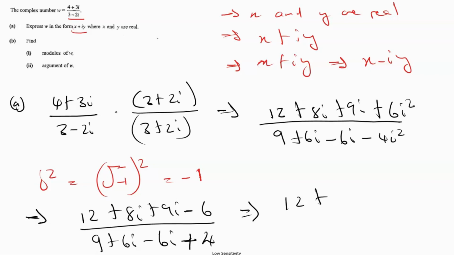This becomes 12 minus 6, so this becomes 6, plus 17i, all over 9 plus 4, since the imaginary terms cancel out, so 13. So we have 6 plus 17i over 13.